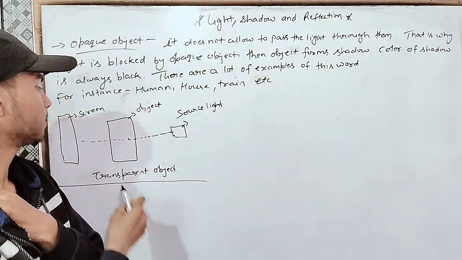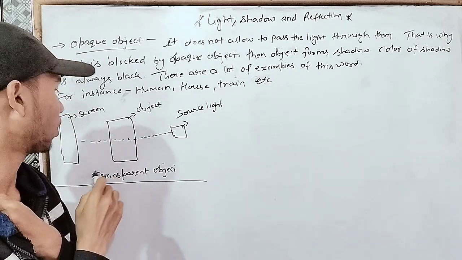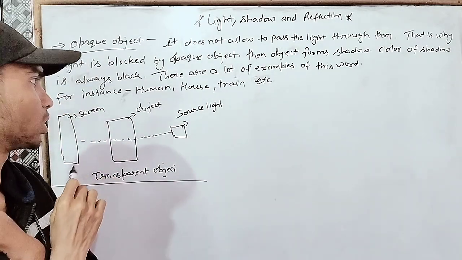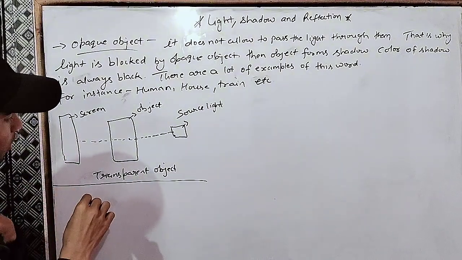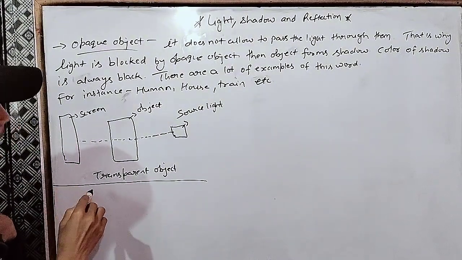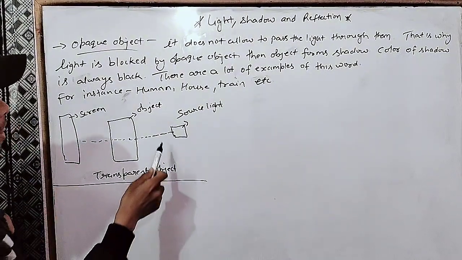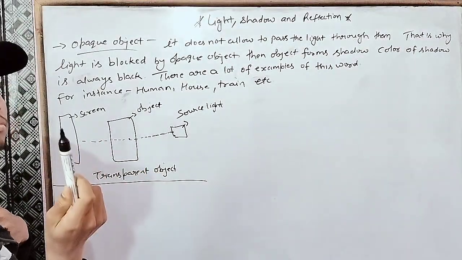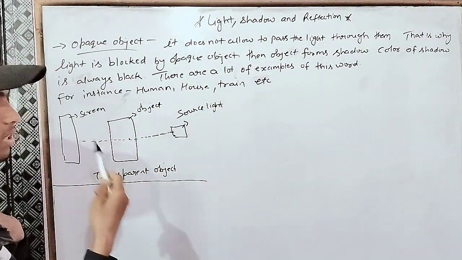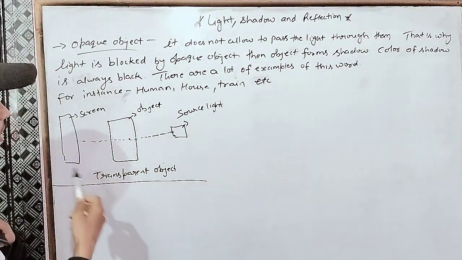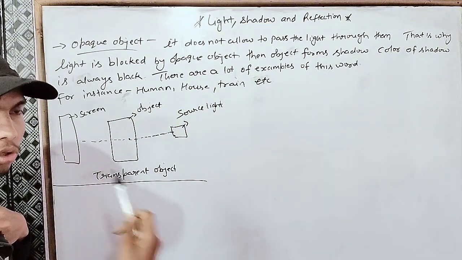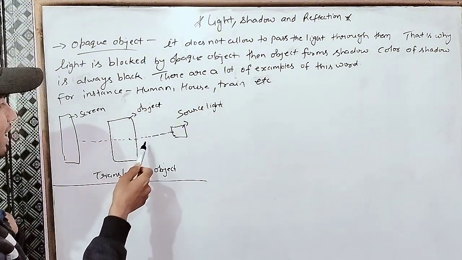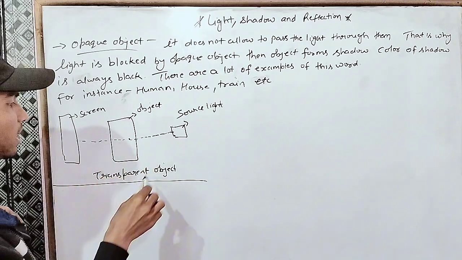This is how we draw a figure of a transparent object, for more clarification. So here the point is that light is going through a medium, and this object is not stopping it. There is light coming from the source light.